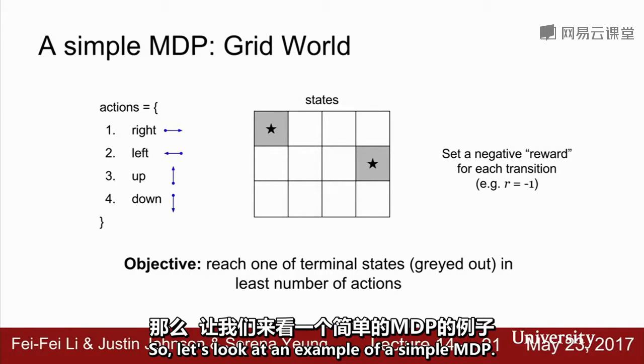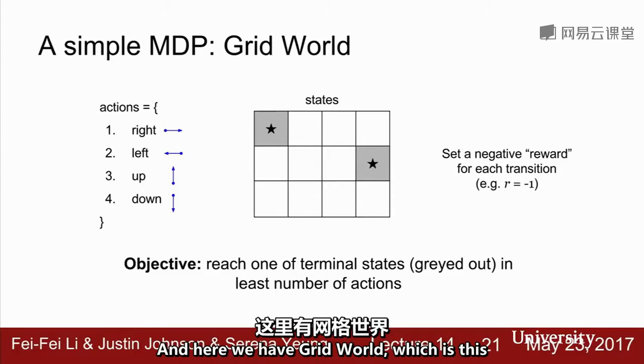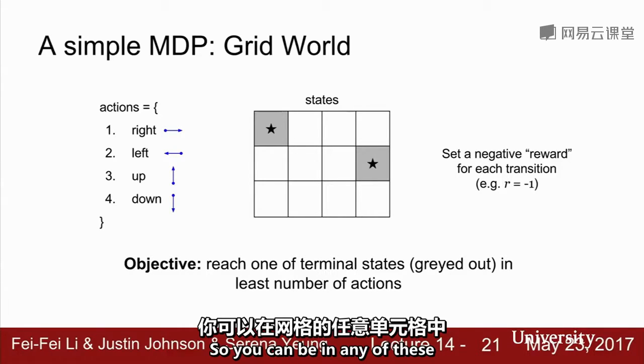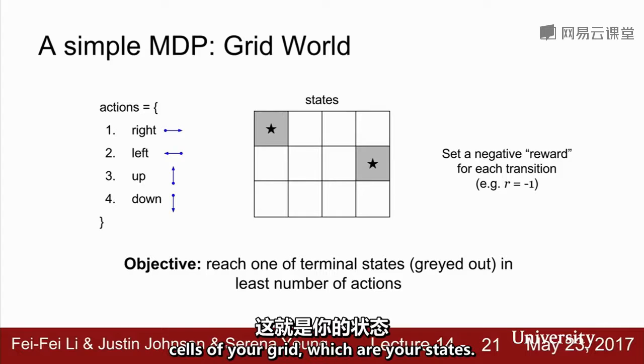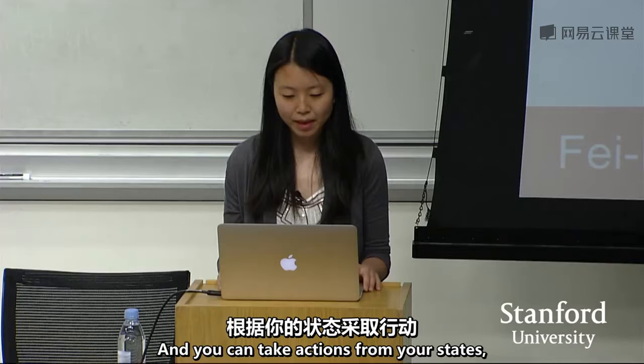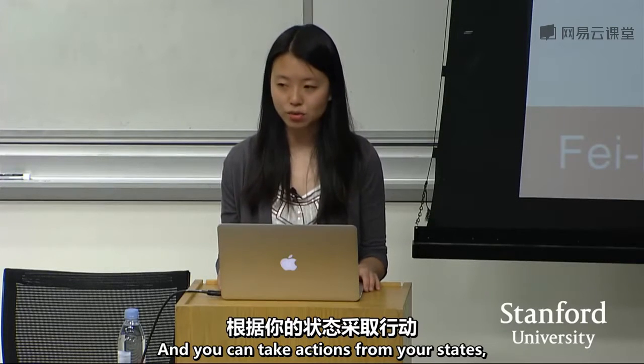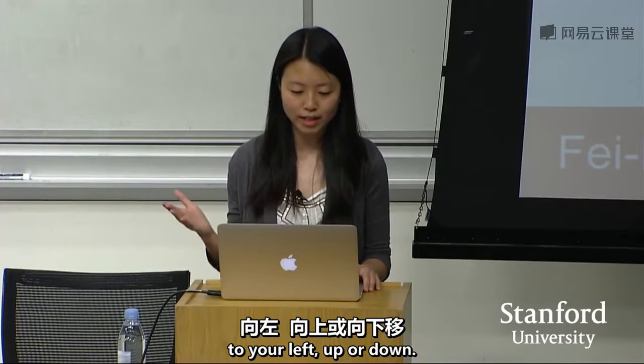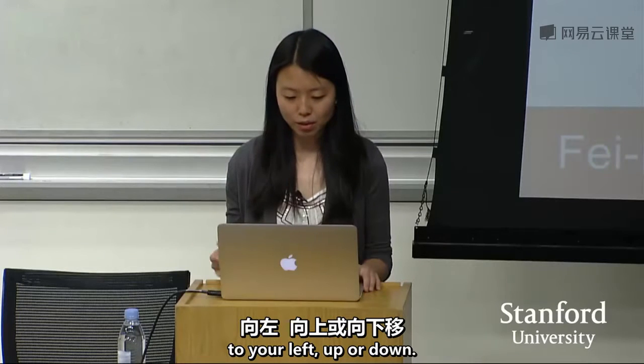So let's look at an example of a simple MDP. Here we have grid world, which is a task where we have a grid of states. You can be in any of these cells of your grid, which are your states, and you can take actions from your states. These actions are going to be simple movements: moving to your right, to your left, up or down.